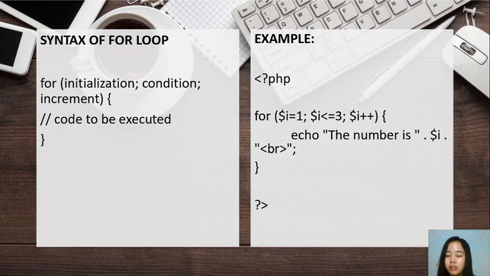Then it executes the code again. Then it goes back to the increment until 3 is less than or equal to 3, true. Then it executes the code, then increments to 4, until the loop stops.